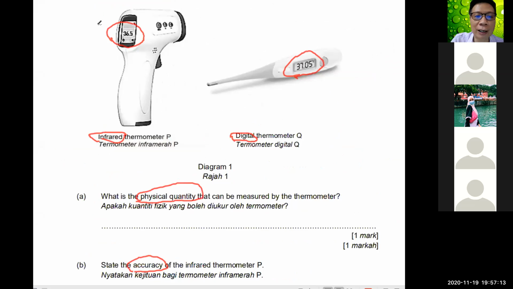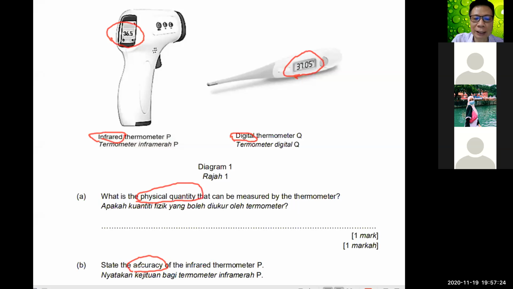What is the accuracy of this thermometer? Li Ka Chuan, can you come out? If the question asks what is the accuracy of this thermometer, how do you give the answer?